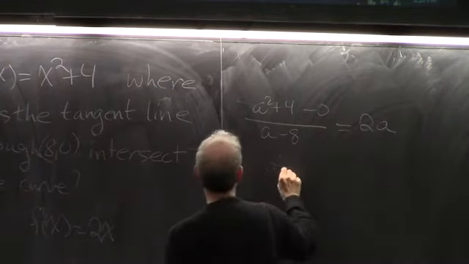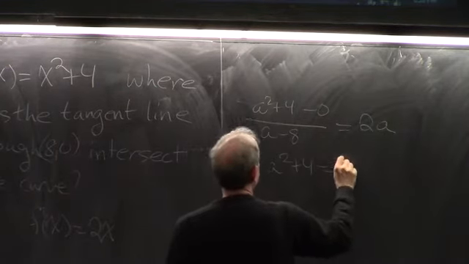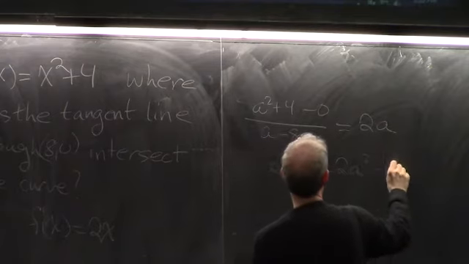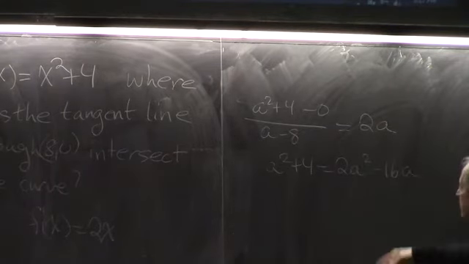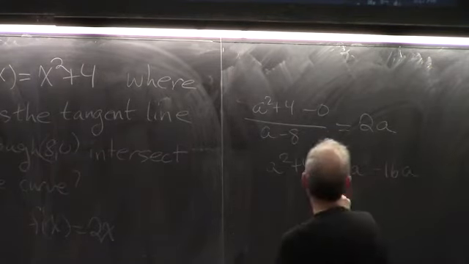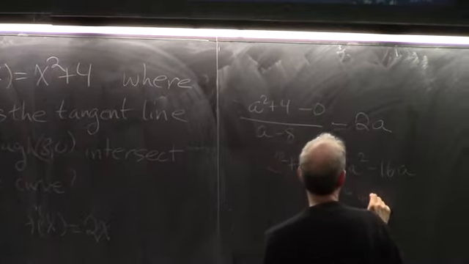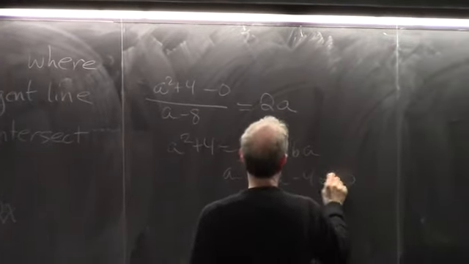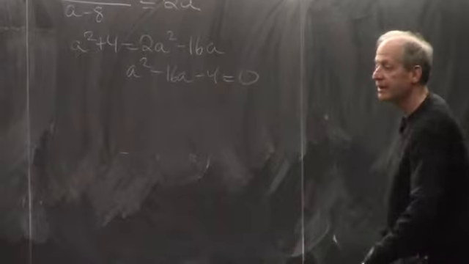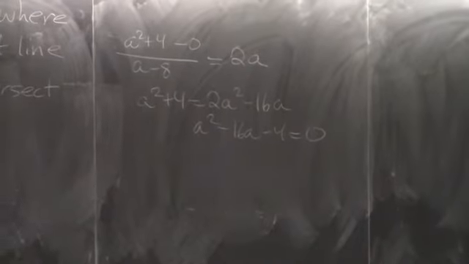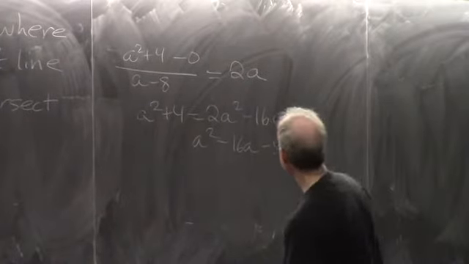So a squared plus 4 is 2a squared minus 16a. And that solves to a squared minus 16a minus 4 is 0. And, you know, I made it up off the top of my head, so the number doesn't come out so good.